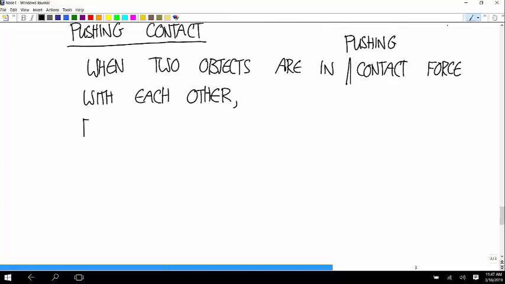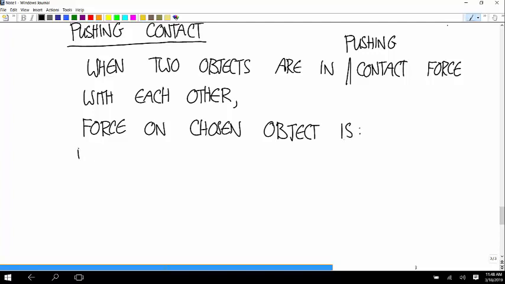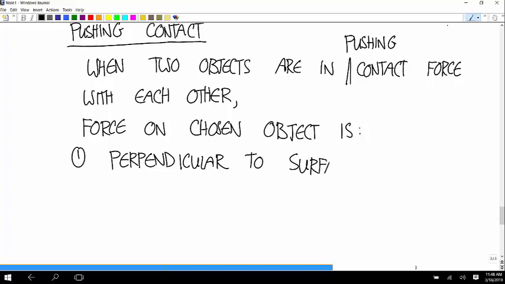The force on the chosen object is perpendicular to the surface of contact and toward the chosen body.